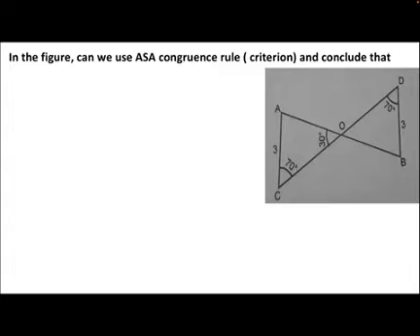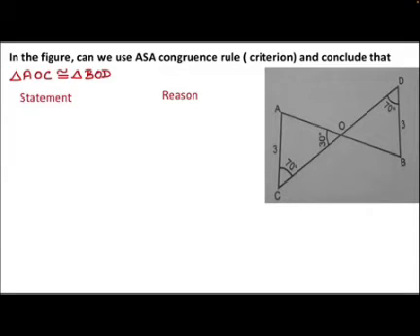In the figure, can we use ASA congruence rule and conclude that triangle AOC and triangle BOD are congruent? So let us see. We have statement and reason. Now we have to prove that each side and each angle, whatever we say is equal, we have to show in the figure.